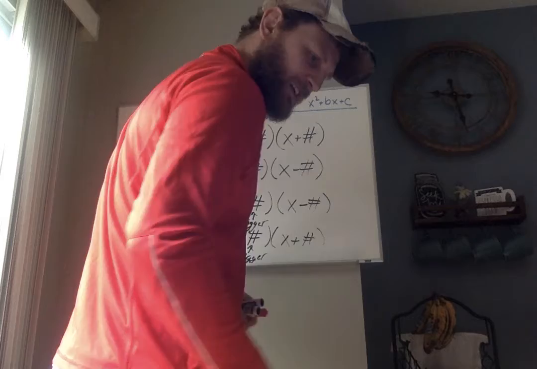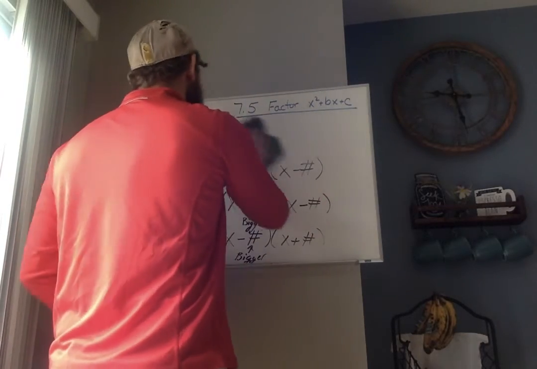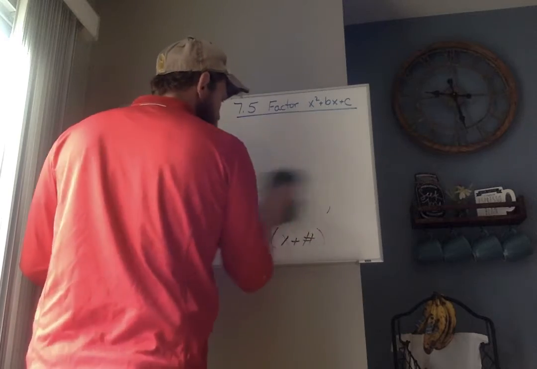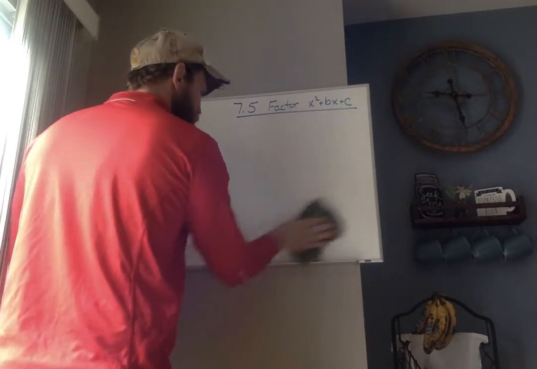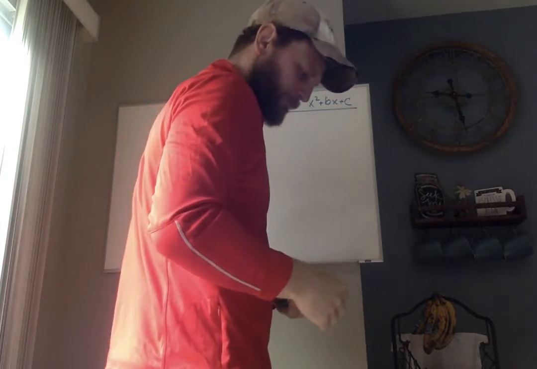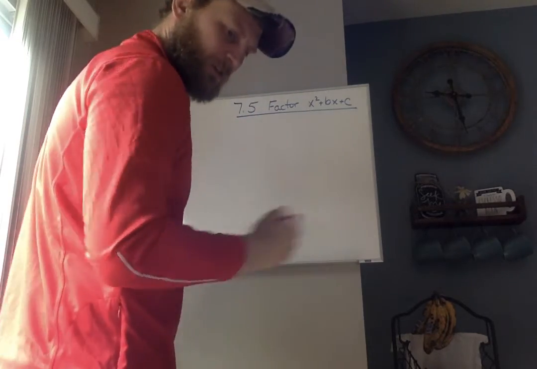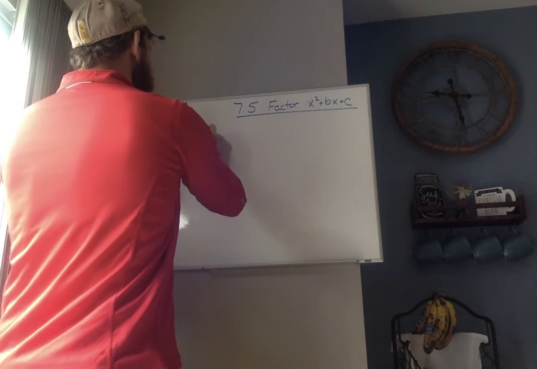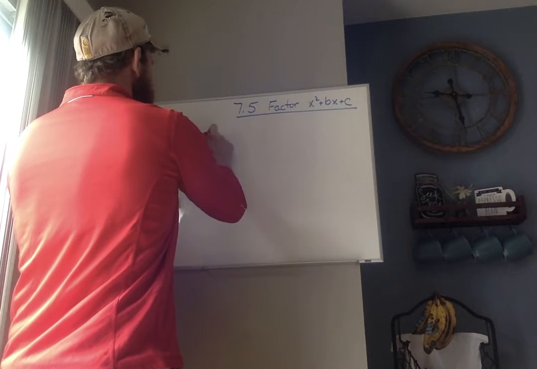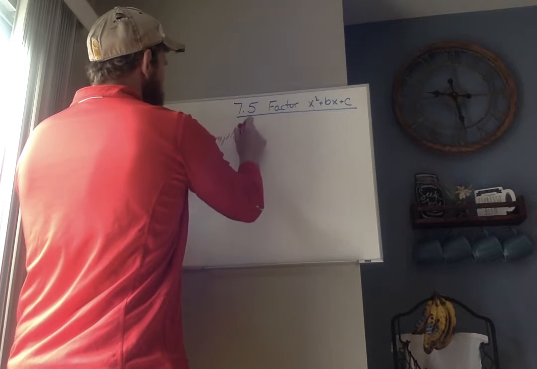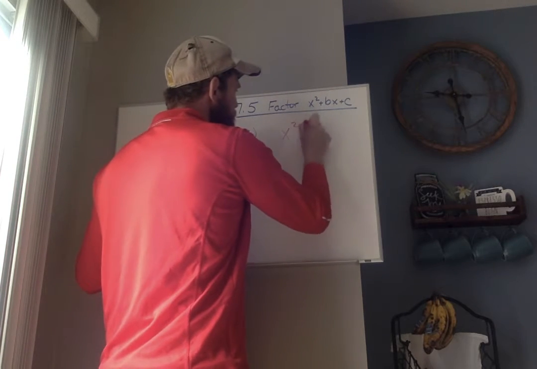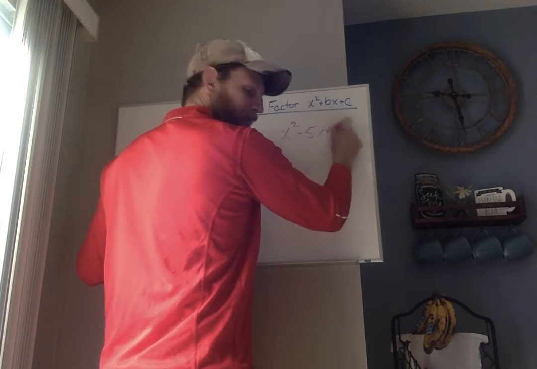So now we can go ahead and do example 2. All right, so we have 6 more questions to answer real quick. So it says x squared minus 5x plus 6.